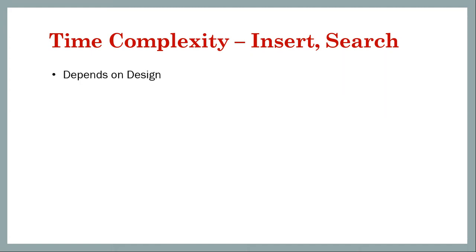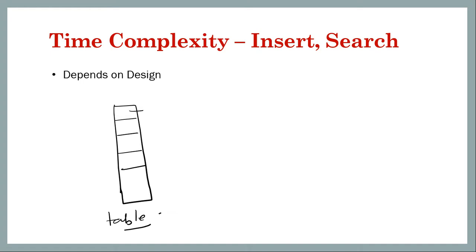So it will depend on the design, how you design the hash table. For example, you have a predefined table size and it will have different buckets. Now within the bucket, let's say you are storing the keys sequentially, maybe in a linked list or in an array.